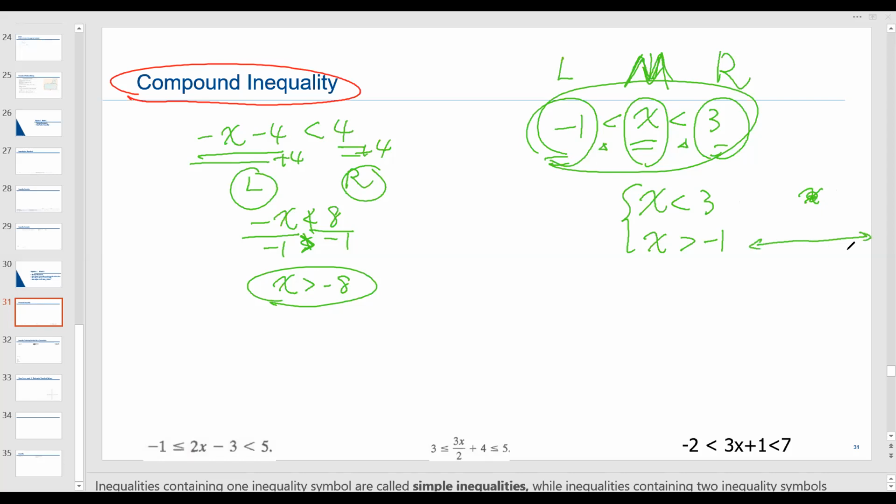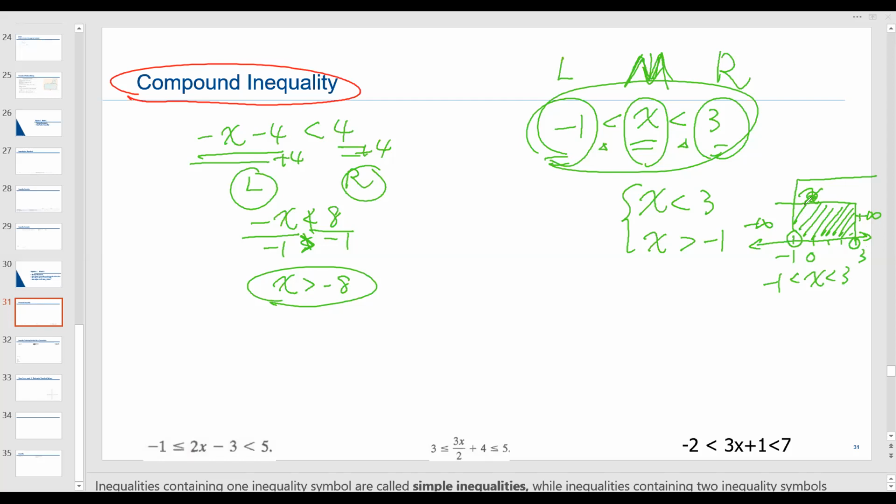When graphing x less than 3, on the number line from negative infinity to positive infinity, less than 3 is like this. And x greater than -1 at the same time. So they have an overlap area. So we say x less than 3 and greater than -1.